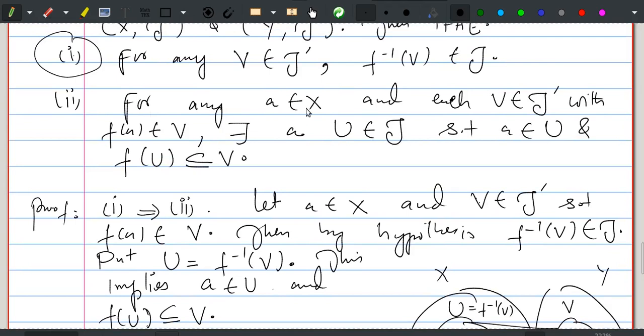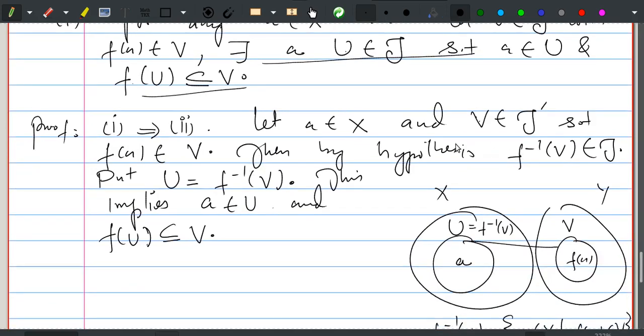That means what we did here, we take an element here and an open set which contain the image of this element, then we wish to prove this thing, i.e. there exists an open set U in X which contain this element A and whose image is contained in V. So we proved here for this element A, for this open set V which contain the image of A, we have an open set U which contain A and whose image is contained in V.